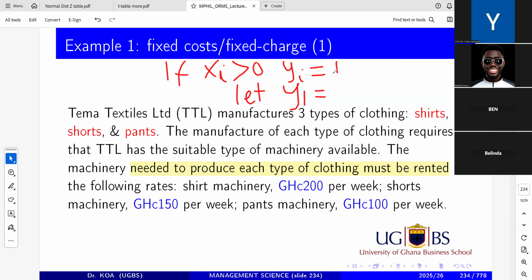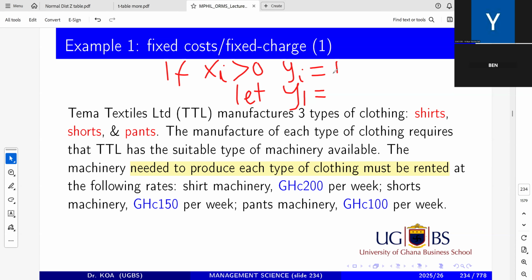Yeah, but you have to give a condition. You can't just let Y1 be machinery. Remember that for you to even have Y1 there, you already have in mind that you are going to produce X1. So the presence of Y1 itself depends on whether or not you're going to produce X1.